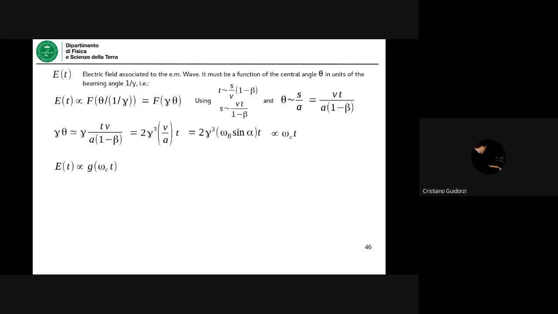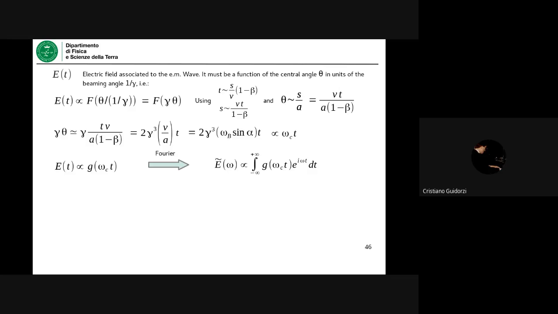You cannot have t on its own. So the dependence of the electric field goes through this product, which is a dimensionless quantity, or an angle if you want.